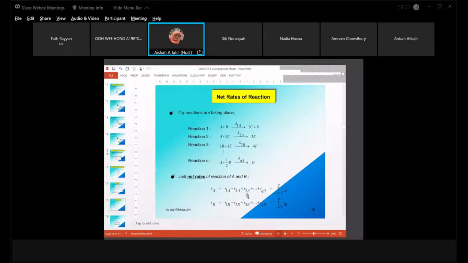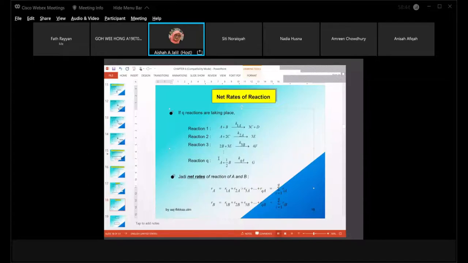How about reaction 3? We have no A in reaction 3, so R3A equals 0. We must not forget it. And then in reaction Q we have A, so RQA. Add all these together, and the total is the net rate of A, RA.